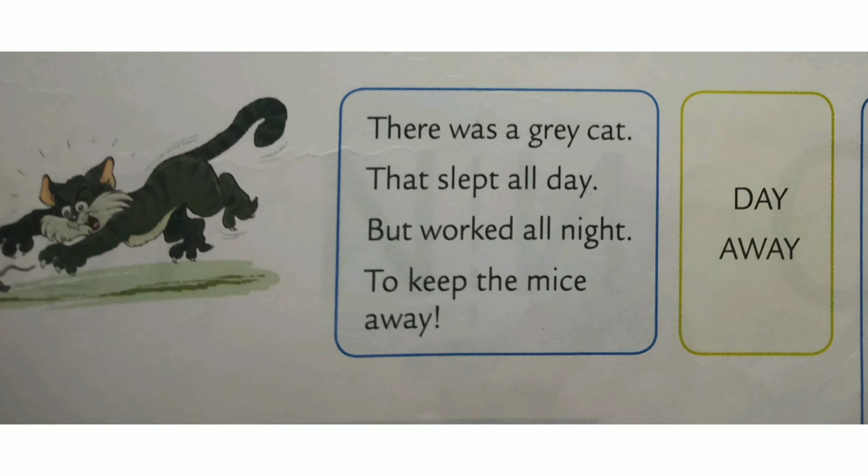So this type of rhyming pattern is called ABCB, as we are getting the second and fourth rhyming words. Just assume that alphabet B. So we can say this rhyming pattern is called ABCB pattern, right?